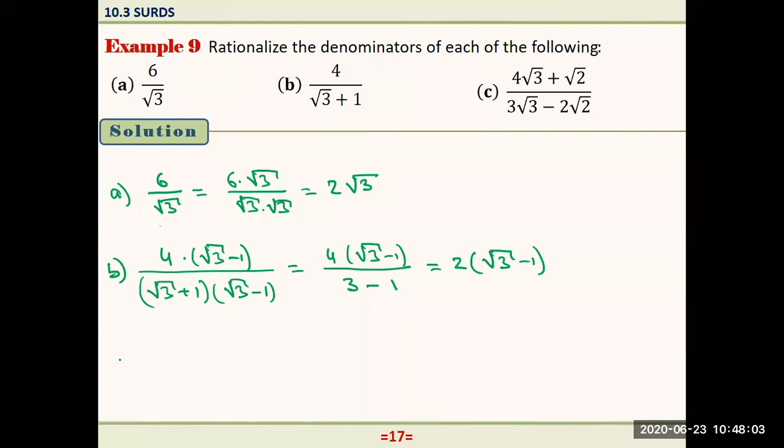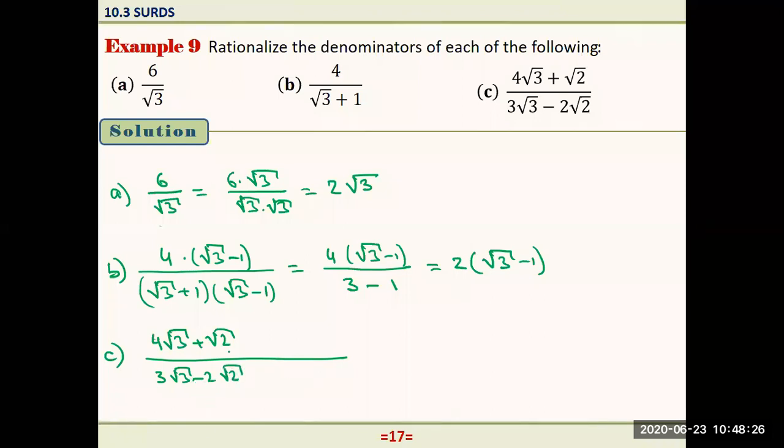Okay. The last example, C. Here we have 4 square root of 3 plus square root of 2, right? Over 3 square root of 3 minus 2 square root of 2, right?